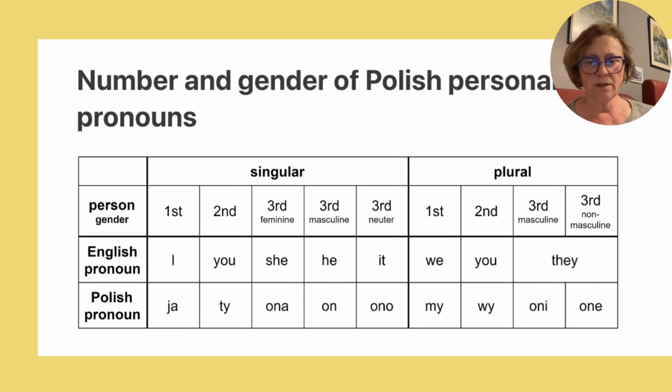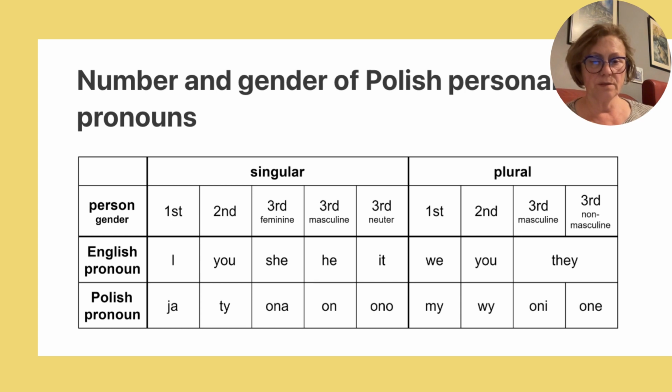Number and gender of Polish personal pronouns. Singular: first person, I, ja. Second person, you, ty. Third person, feminine, she, ona. Third person, masculine, he, on.